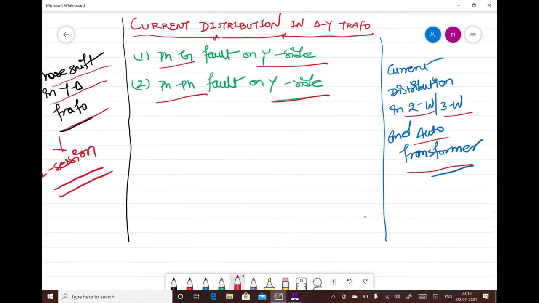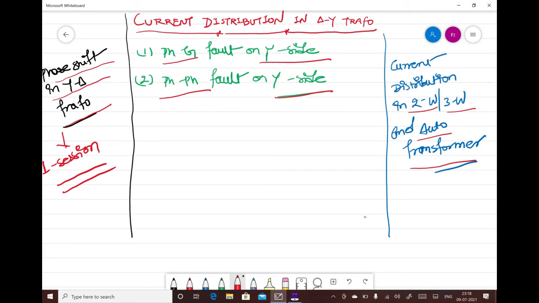Now, why current distribution in a star delta transformer is required to be understood: the reason is the same. We have to understand these concepts of current distribution and phase shift to understand important transformer protection, like the implementation of differential protection using numerical IEDs.